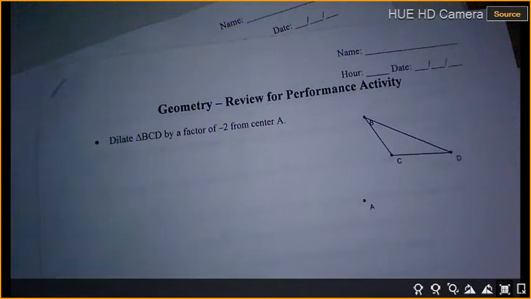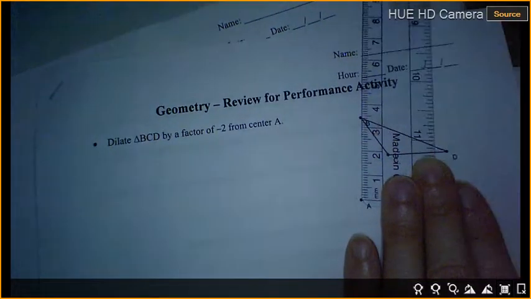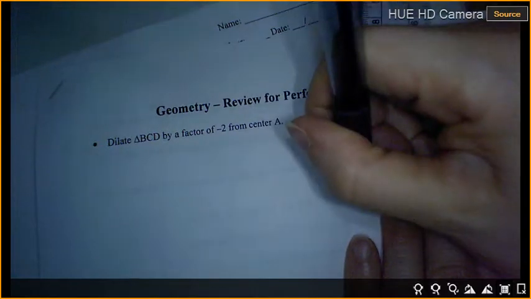So the first thing I'm going to do is use the centimeter side of my ruler, and I'm measuring and drawing a straight line from A to B. I get 3.6.